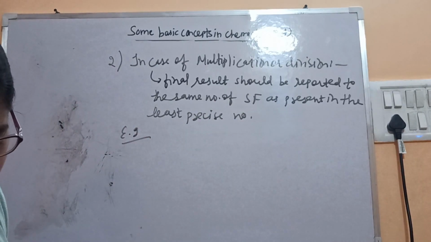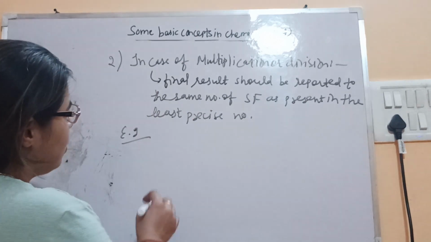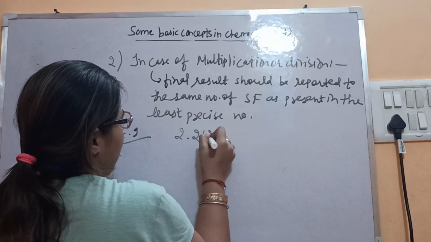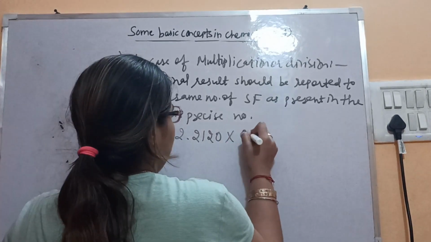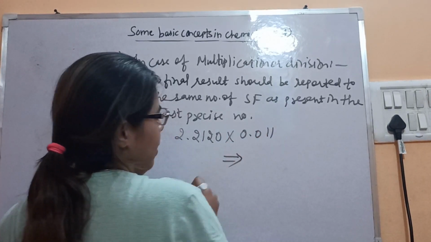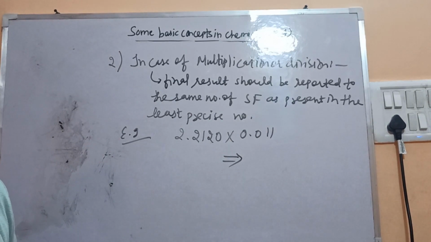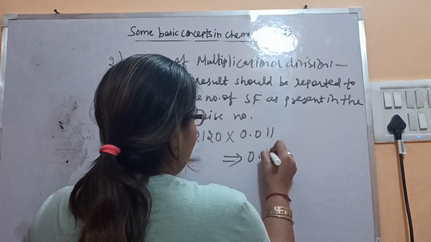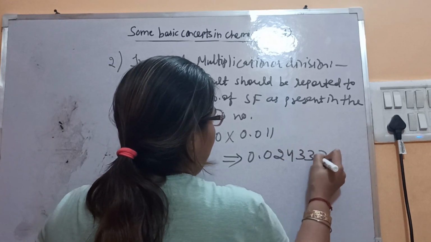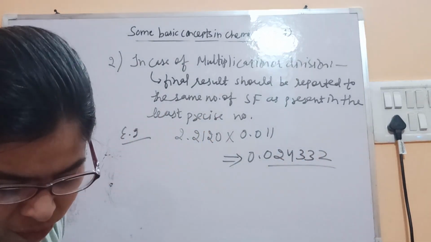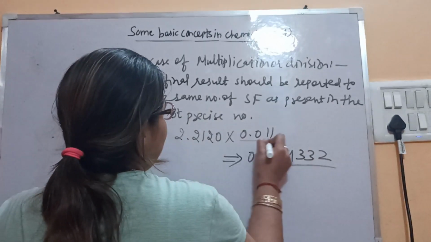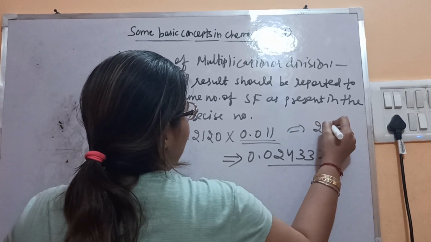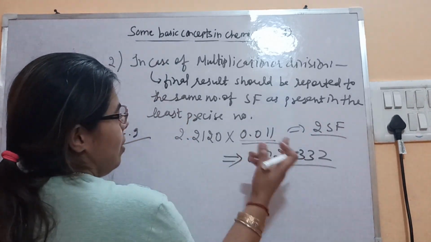For example, you have to multiply 2.2120 into 0.011. Its answer is 0.024332 when you multiply. Now the least precise number contains 2 significant figures, because these zeros are not significant.